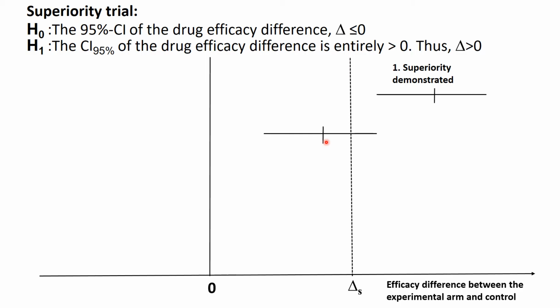Okay, I guess your guess might be right. It's also demonstrating superiority, in the sense that the lower boundary is greater than 0, and even the upper boundary, the entire interval is beyond 0. So it's actually demonstrating superiority.